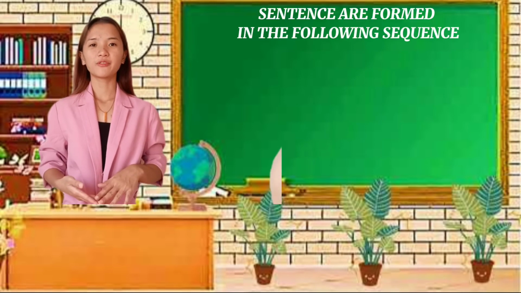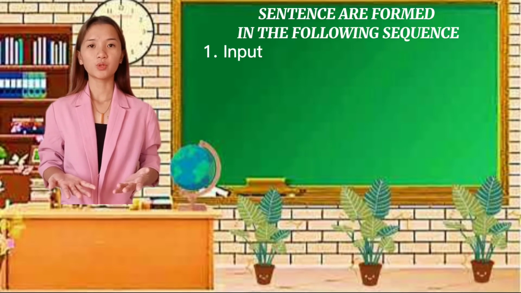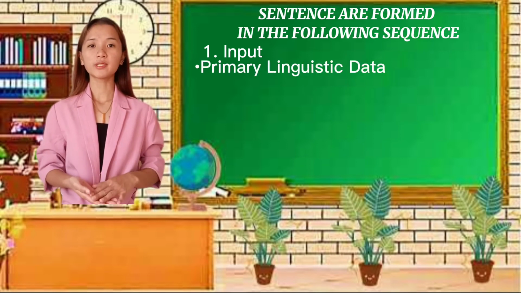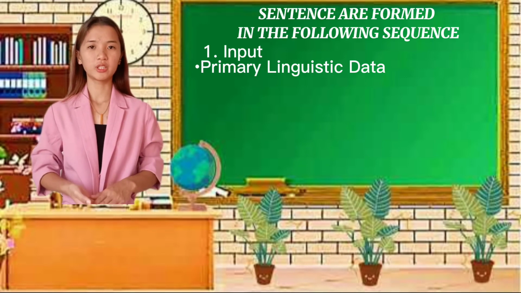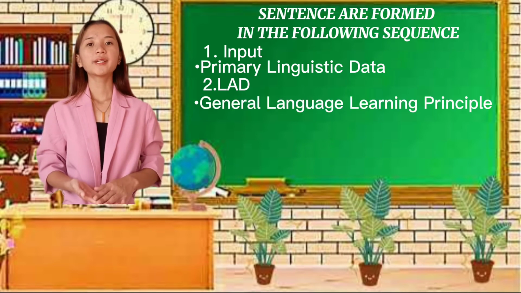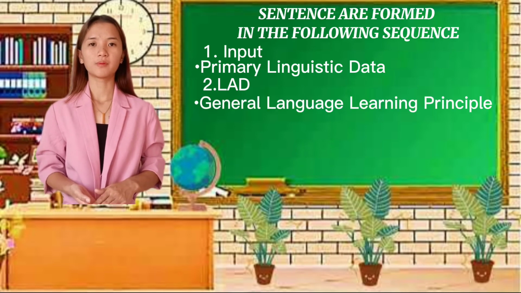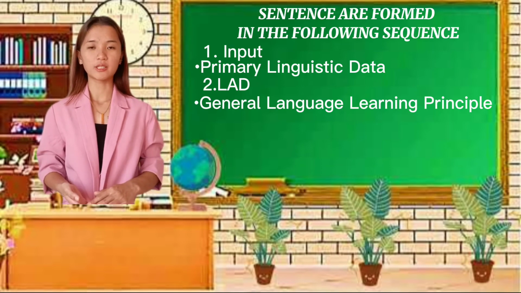Sentences are formed in the following sequence. First, input: primary linguistic data that includes language input obtained firsthand from authentic or original sources. The LAD: general language learning principles. For example, children learn what they hear most.